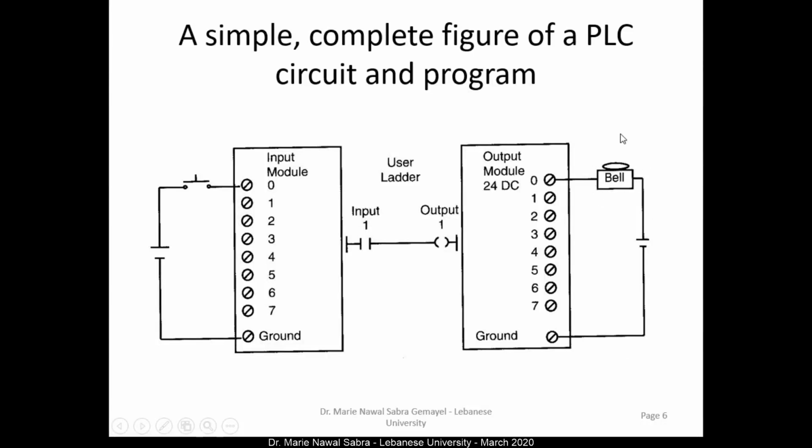And here we have the bell that is directly connected. Usually we have an external relay which itself is going to give energy to any other circuit, so that we don't absorb the energy of our outputs from within the PLC, to protect the PLC.